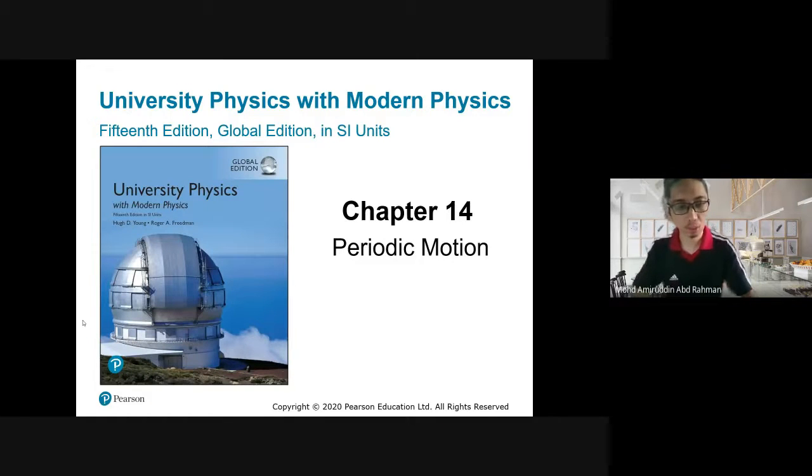on the Putra Blast as well. There's a lot of problems together with the solution, so you can download it. All right, so you can go through, which maybe part of the problems will be on your test too.